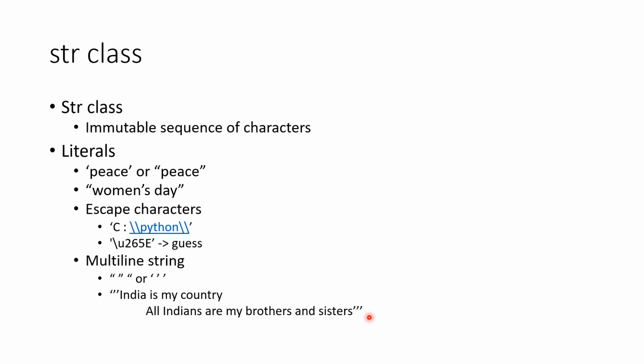All Indians are my brothers and sisters. We represent the string in the same way, including the lines and spaces, and the same way it will be printed on the screen. So we can use a single quote or a double quote to represent a string, and we use double quotes mainly to include a single quote in our string, and we can also use a multi-line string in Python.